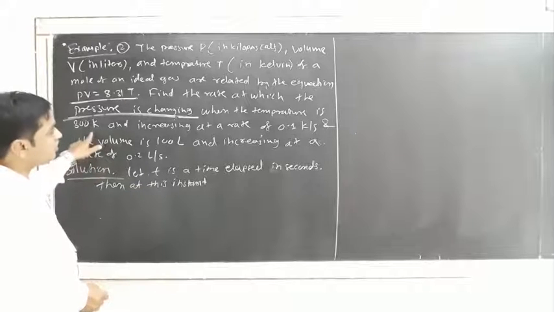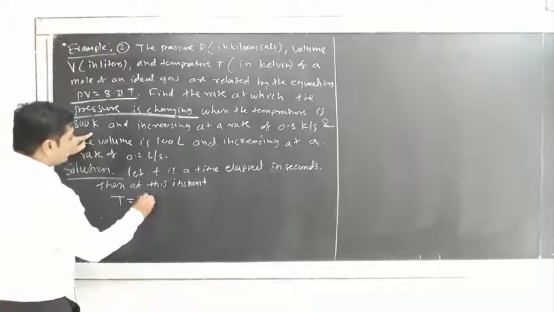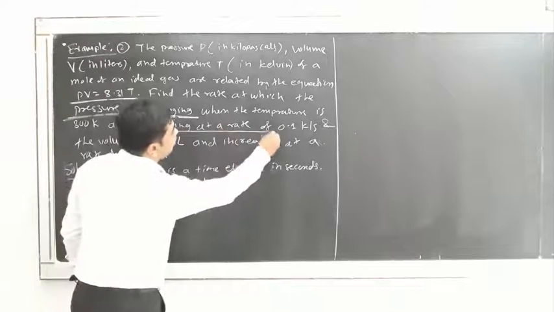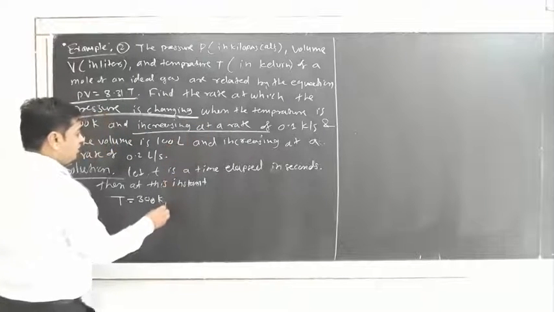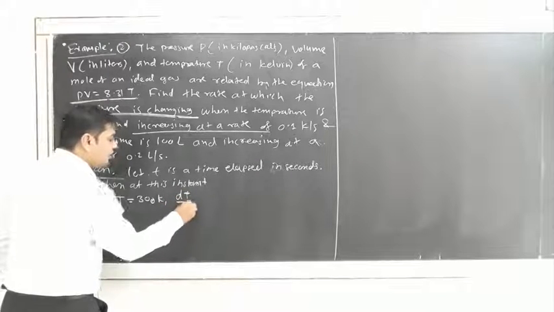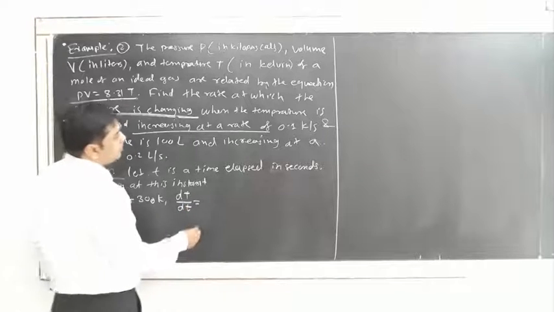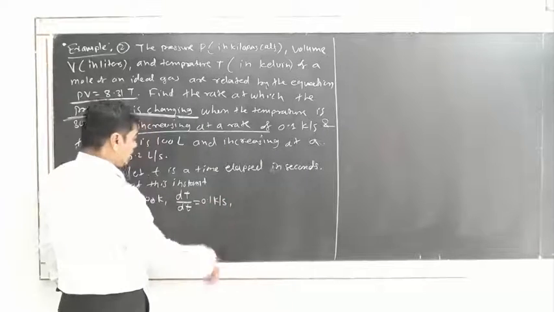Our temperature is 300 Kelvin and increasing at a rate, that means dT by dt, the rate of change of temperature, is equal to 0.1 Kelvin per second.